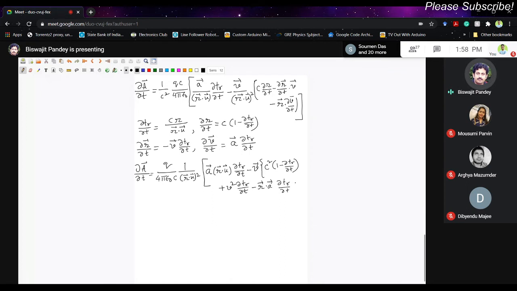All the terms are taken care of, and the bracket should be closed. Yes, this one. Now we shall substitute the value of ∂t_r/∂t. Okay, let us do that. So ∂a/∂t is q over 4π ε0 c into 1 by R dot u squared, and then inside bracket let us put the values.